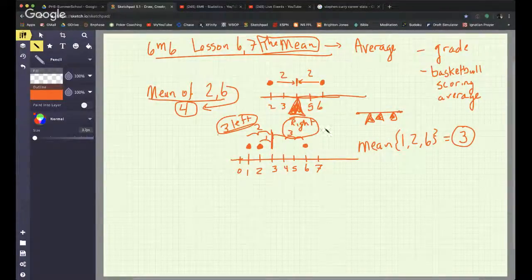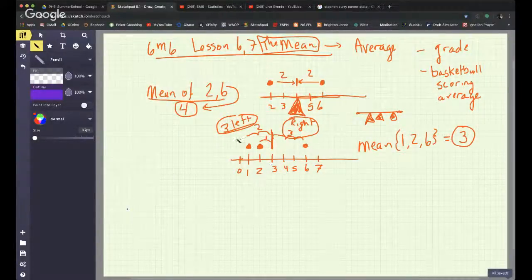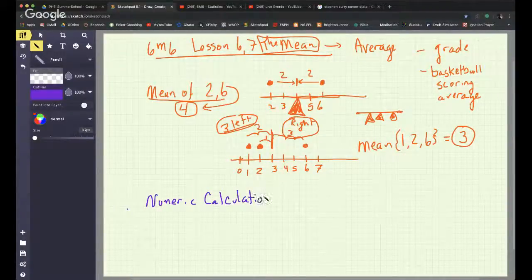But that's just the visual way. That doesn't really help me. If I get a lot of numbers, finding that middle point and counting back and forth is going to be hard. So the way that we calculate the mean is a numerical calculation.